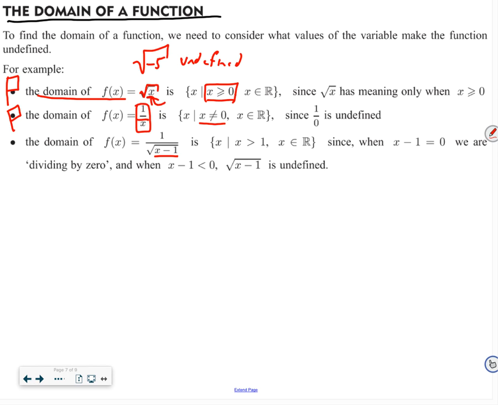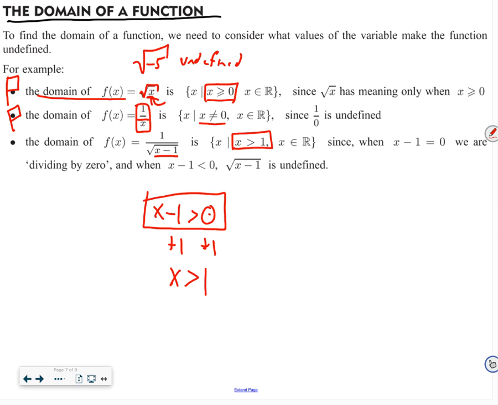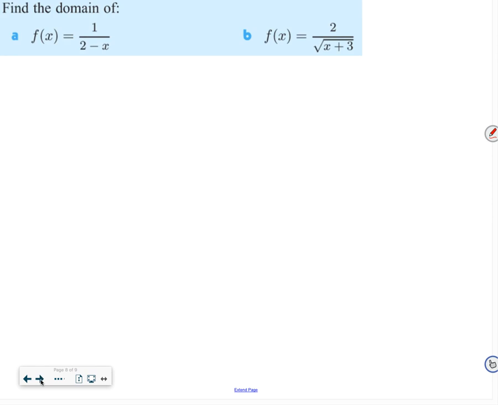As I set this up, I know that x minus 1 has to be greater than 0. So if I add 1 to both sides, I show that x has to be greater than 1. And that's where this comes from over here, because I need to make sure that I'm not dividing by 0 and I'm not dividing by a negative. So let's look at some examples here to finish up.